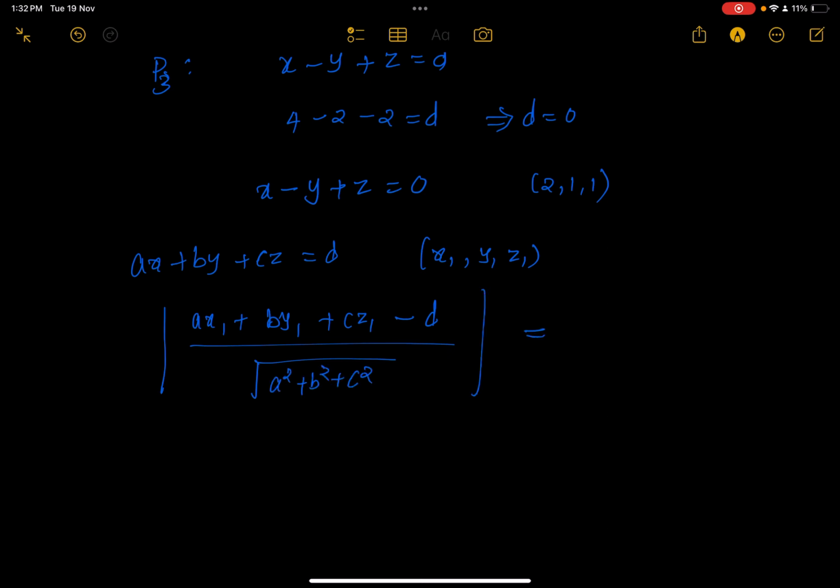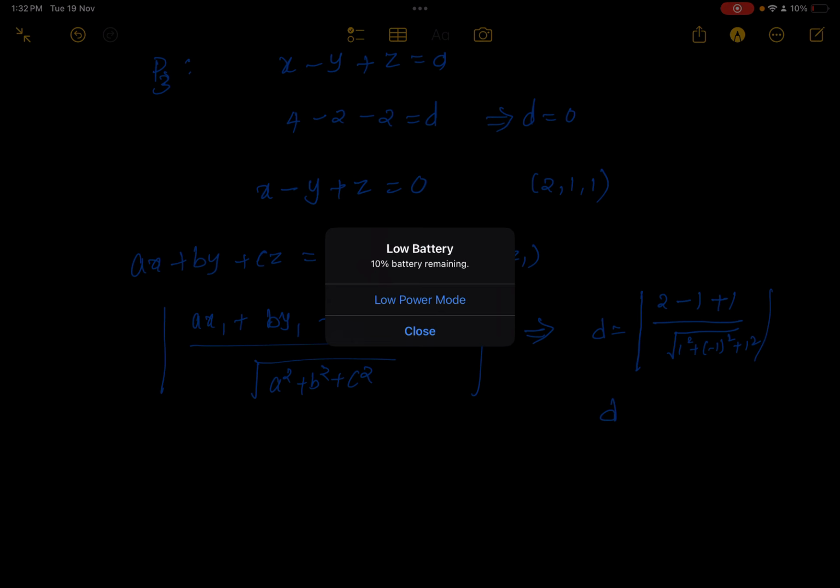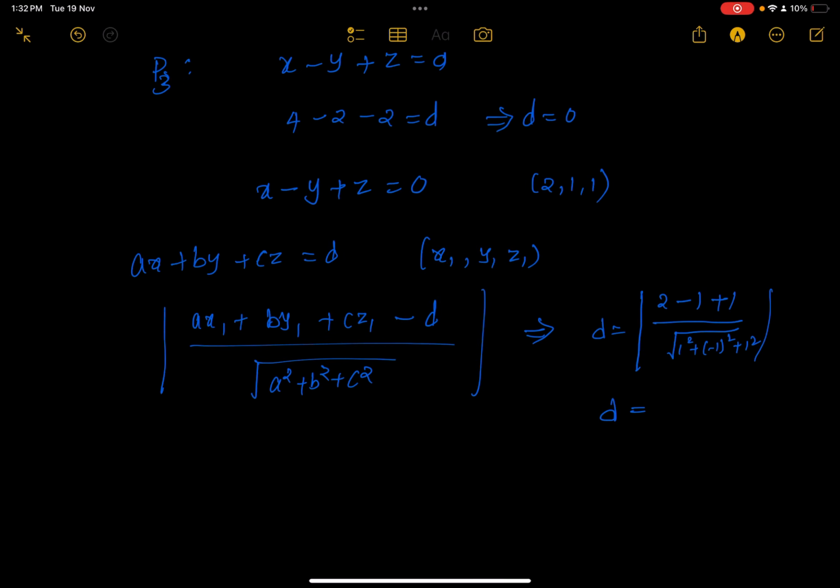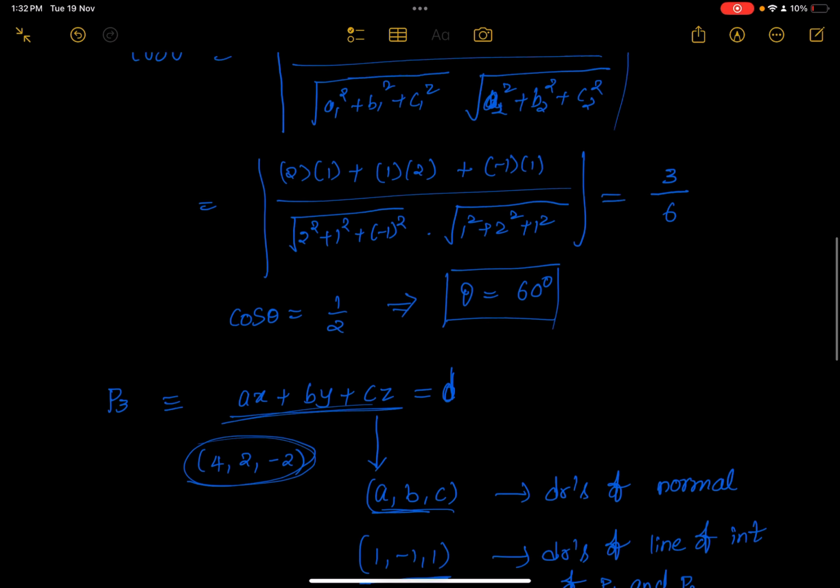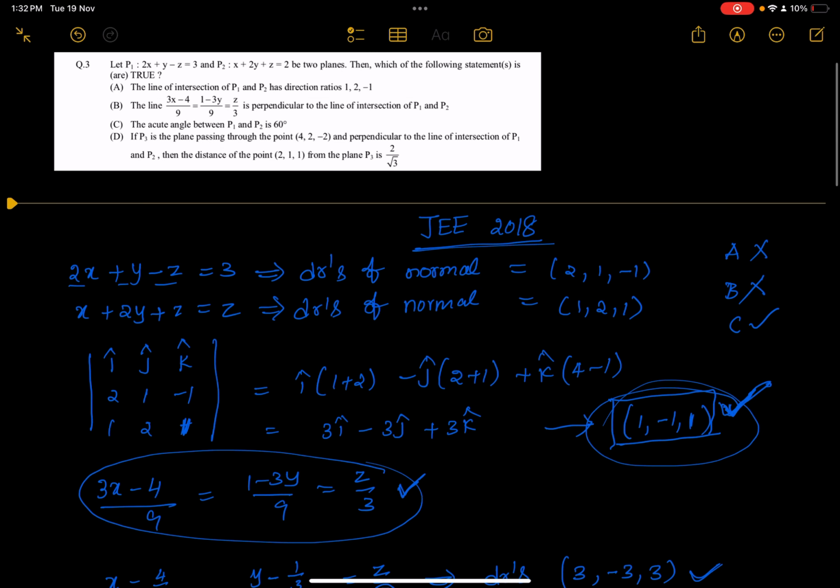This is the formula. Just substitute and we get the distance is 2 minus 1 plus 1 by root over 1 square plus minus 1 square plus 1 square, so that is 2 by root 3. So the distance is 2 by root 3. And option D says that the distance is 2 by root 3. So option D is also correct.